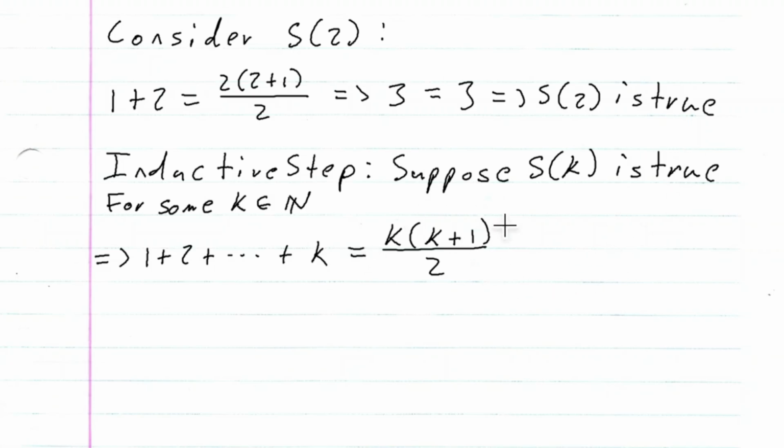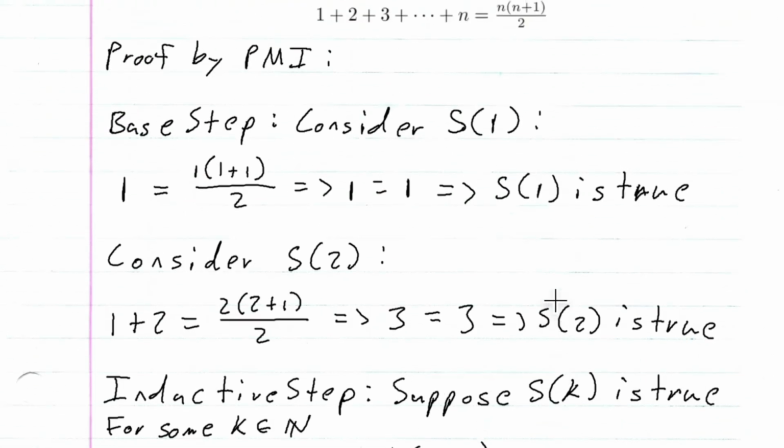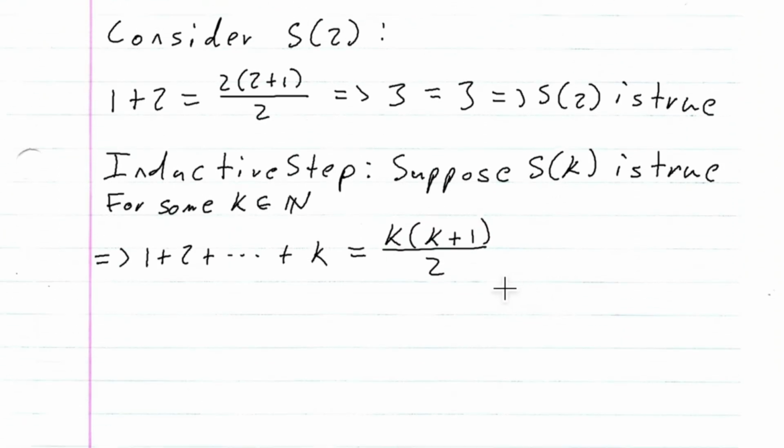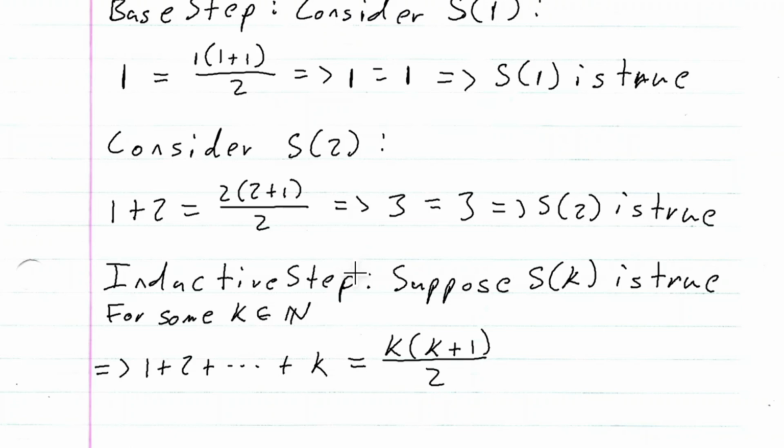We can do that over and over and over again. Thus, if we can show that from assuming that S of k is true, S of k plus 1 is true, then we can show that this statement is true for any natural number that we choose. So that's how induction works.